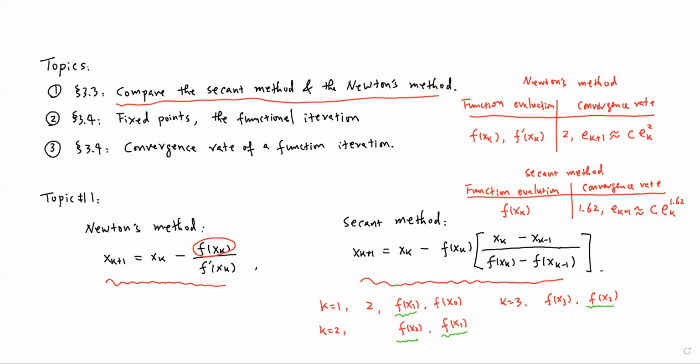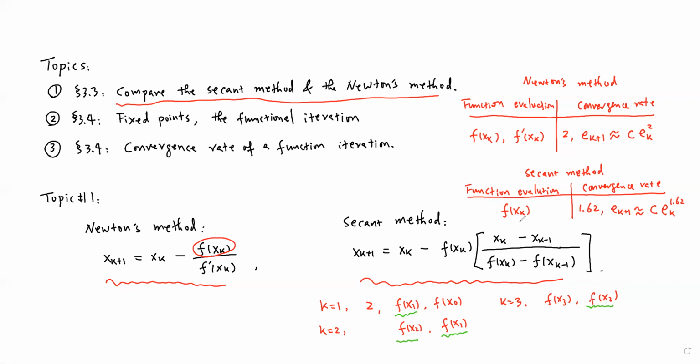However, because one iteration of the secant method evaluates only one function value, if we view 2 steps of the secant method, then in terms of computational cost the secant method is comparable to Newton's method.